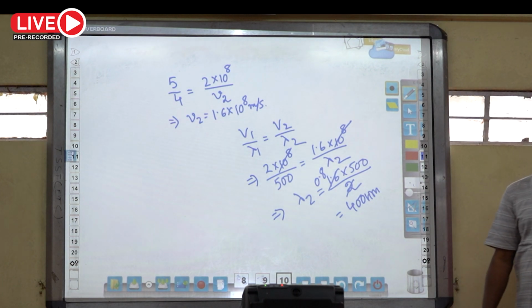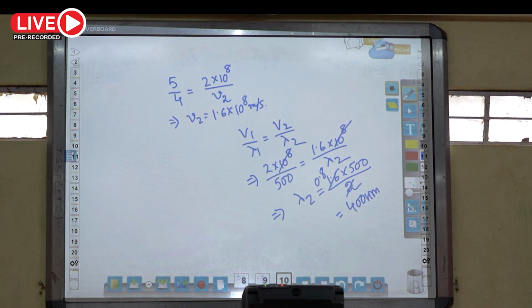Next one, a plano-convex lens of refractive index 1.5 and radius of curvature 30 centimeter is silvered at the curved surface. So it is behaving like a concave mirror.